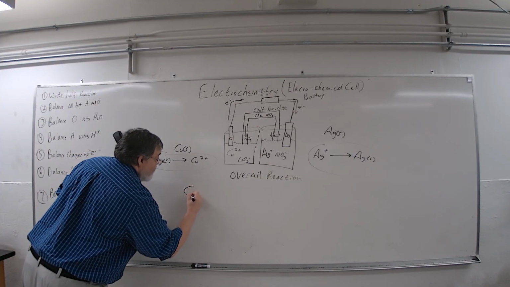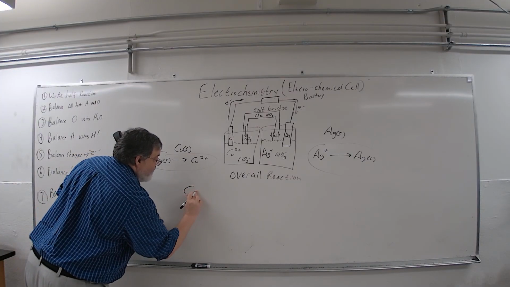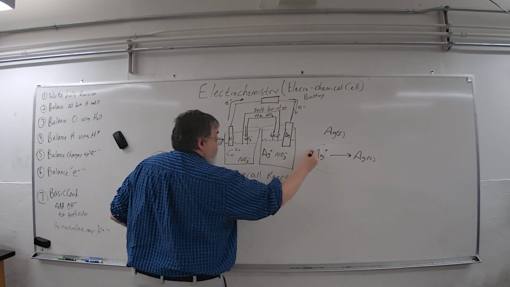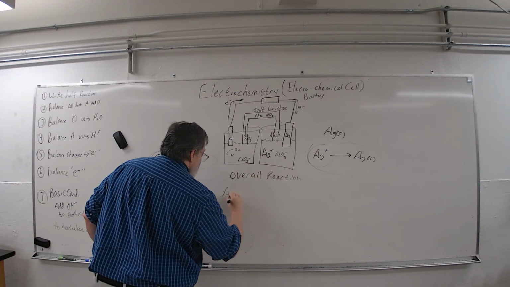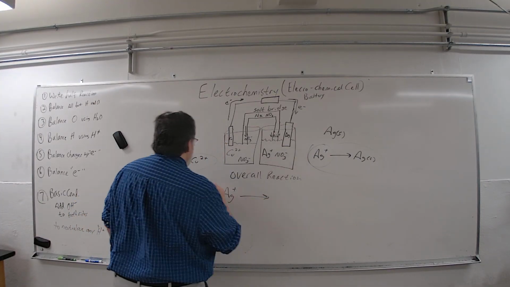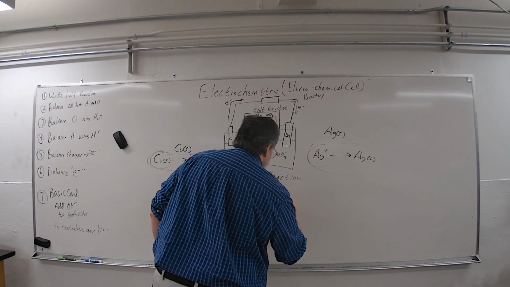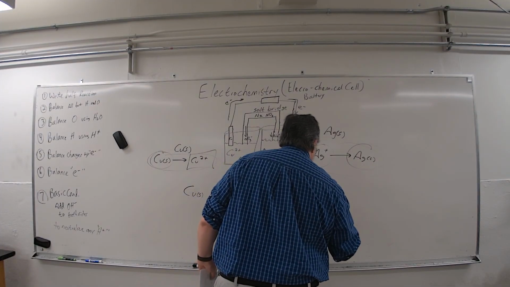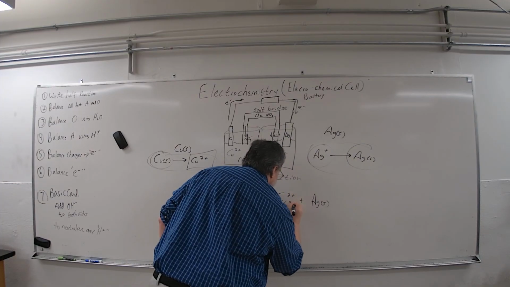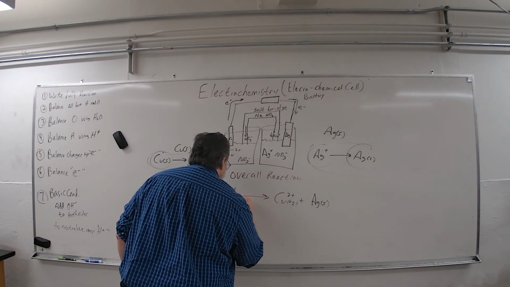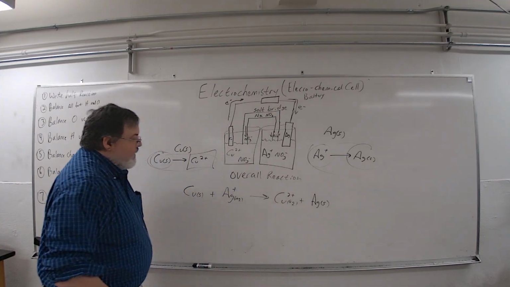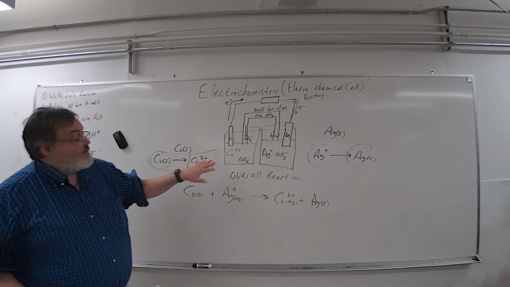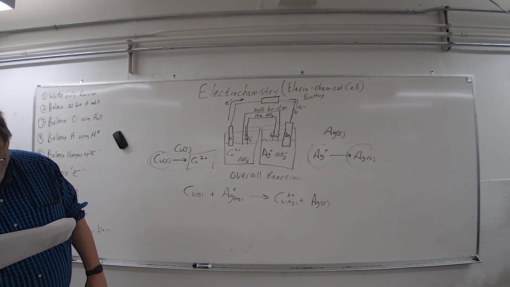If you put them together, you have Cu solid and Ag plus becoming Cu2 plus and Ag solid. So this would be the overall reaction going on here. And you just take the 2 half reactions and put them together.